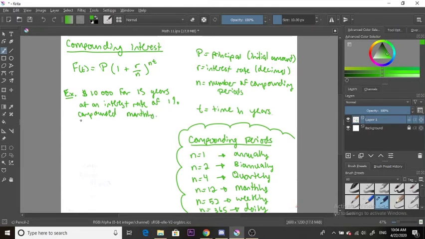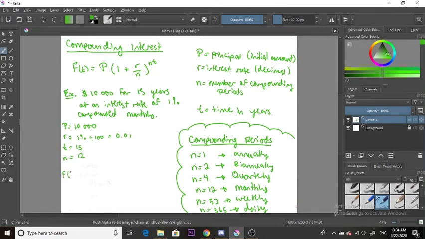So our P is 10,000. Our interest rate is 1%. We divide that by 100 to get it to a decimal, so it becomes 0.01. Our T is 15, and our N is 12.